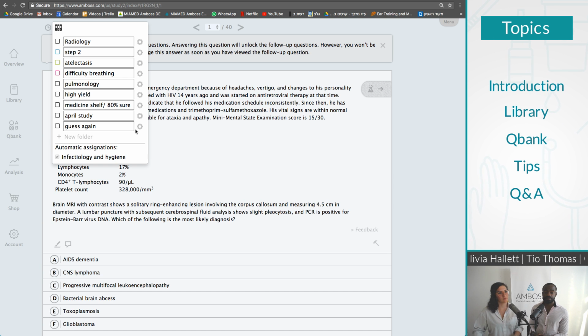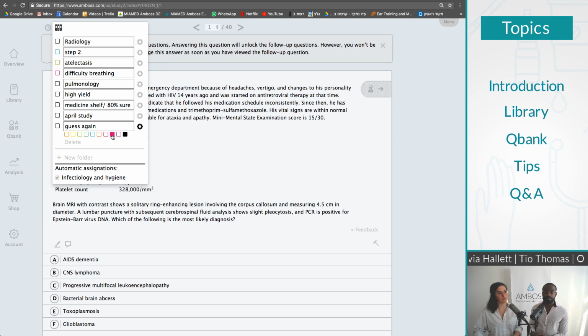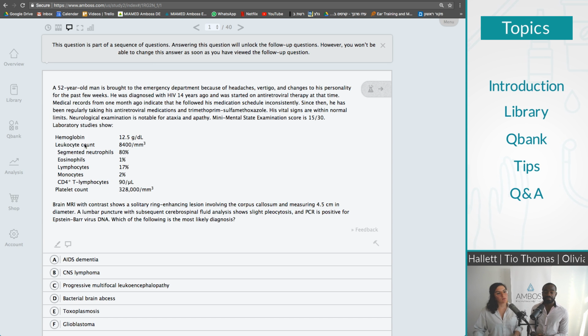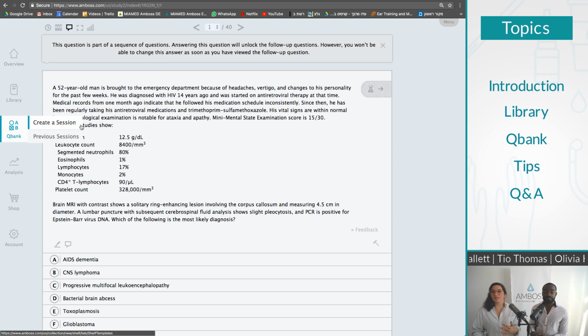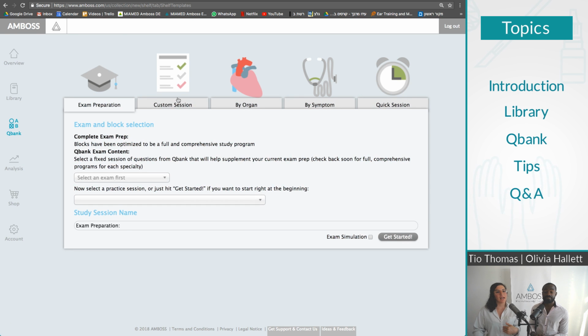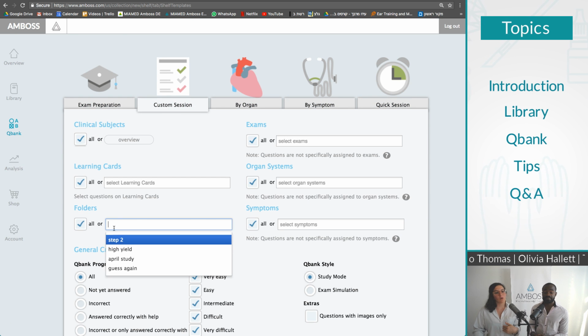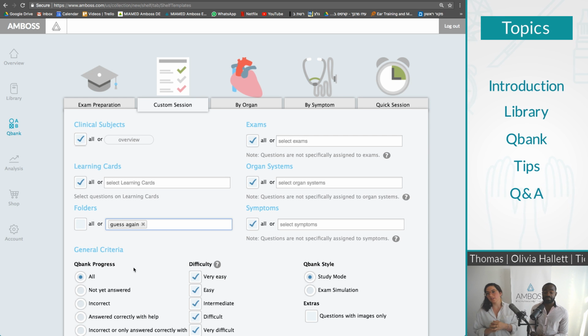And maybe I want that to be a red folder, and I can add this question to that folder. That way, as I go through my Qbank, I can put all of the questions that I want to see again, and when I want to revisit them, I can go to Create a Session, go to Custom Session, and open up all of the questions that I had put into the Guess Again folder. So you can create as many folders and playlists as you'd like and tailor them accordingly.